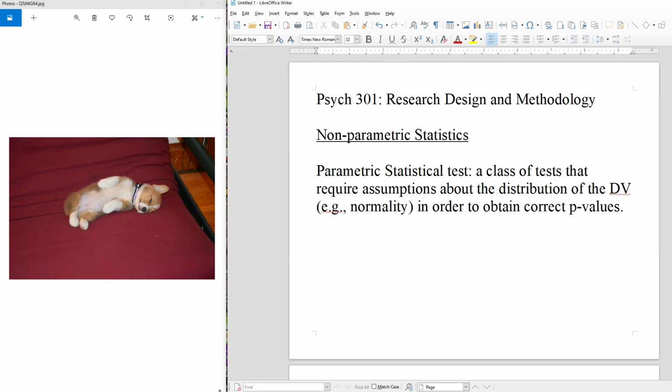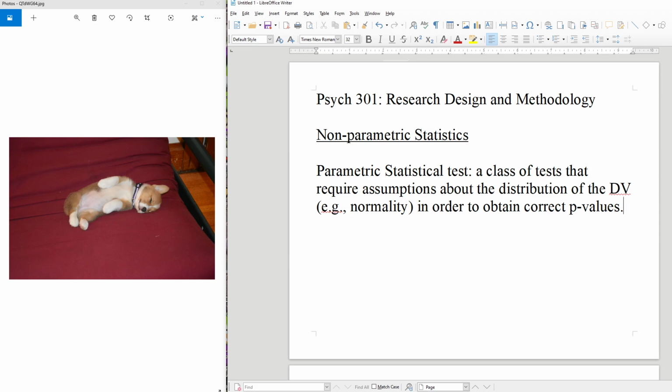And you know that a lot of times it's not distributed normally. Very common, maybe even more common, for a variable to be positively or negatively skewed than it is for it to be distributed normally. Well, the consequence of that is that if you don't have a normal distribution of your dependent variable, the p-values in the back are not going to be exactly accurate.